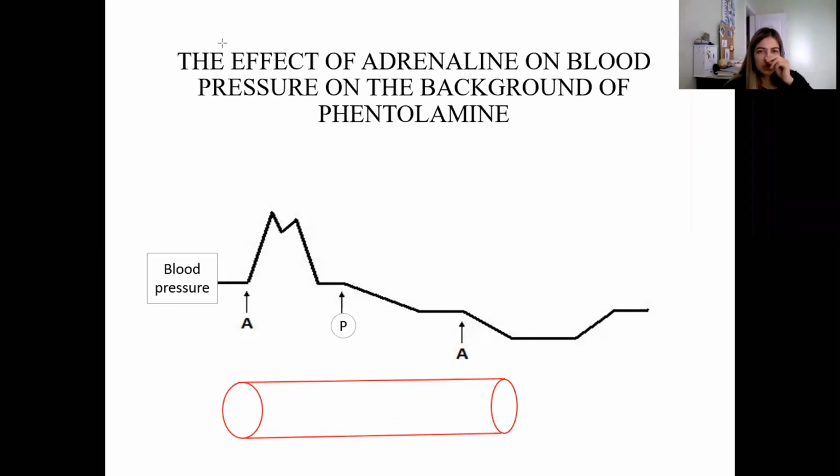And we remember what kind of receptors we have in blood vessels. In blood vessels, we have predominantly alpha-1 adrenoreceptors, and also we have beta-2 adrenoreceptors. Alpha-1 and beta-2 adrenoreceptors. So what's going on?